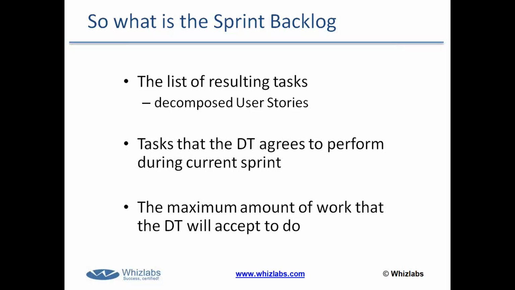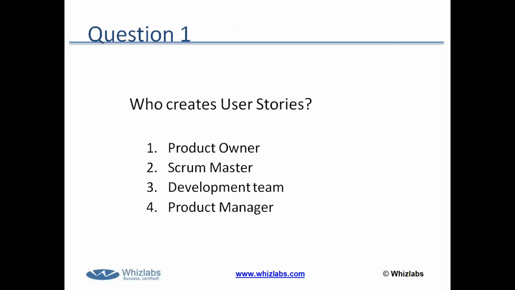It is also the amount of work that the development team will accept to do during that sprint, according to their abilities, according to how much they can do, and this now implies something called a velocity, right? The maximum amount of work that the development team will accept to do will now be called the velocity. So that's where we are.